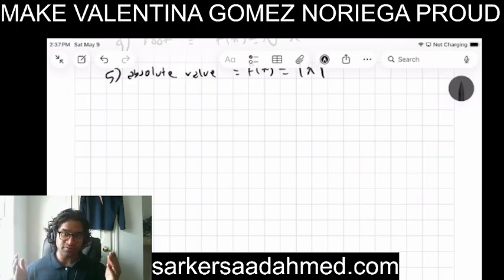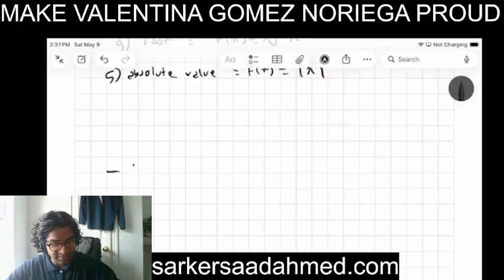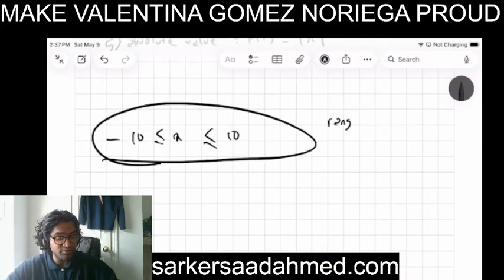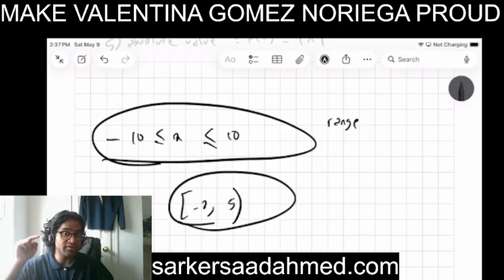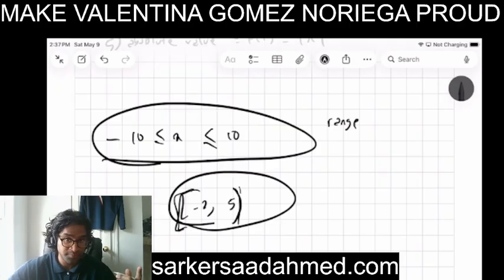If you have minus 10 less than or equal to x less than or equal to 10, these are the possible values. If I have minus 2, 5, these are the values that are allowed inside the box. Now, keep in mind why I wrote that bracket and this bracket. This bracket shows it is included.